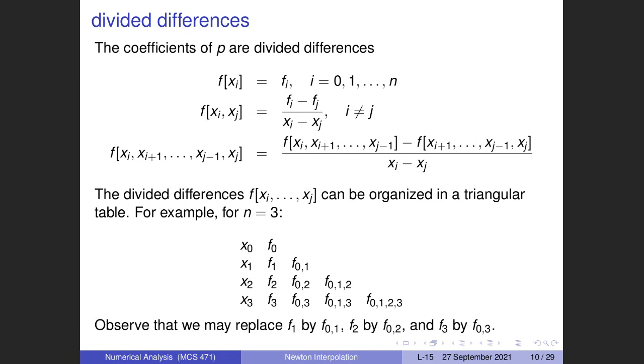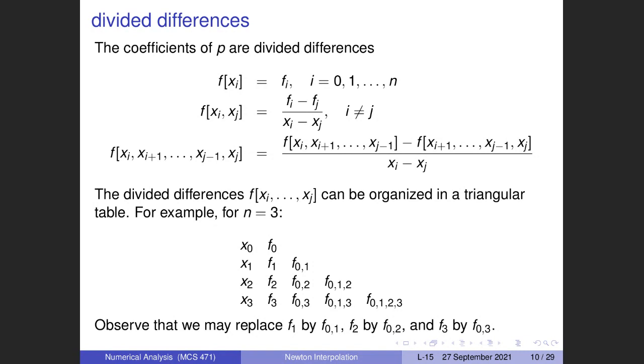And in general, we have the recursion that the divided difference for an arbitrary number of points is obtained by the difference of two divided differences of 1 point less. So you can see the structure.